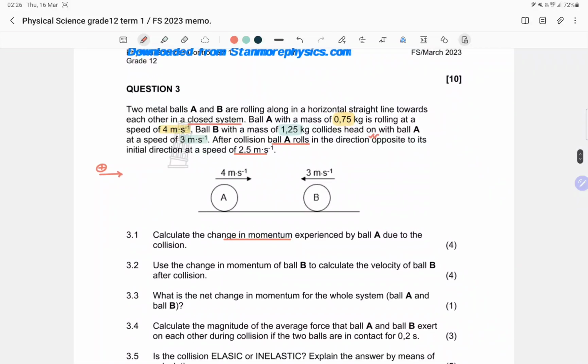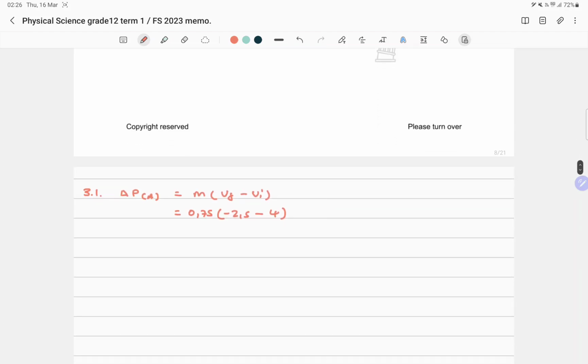Is it so? Yes. Now let's do the calculation quickly. So we've got 0.75 into minus 2.5 minus 4. So we're getting here a minus 4.875. Remember, this is an intermediate step.